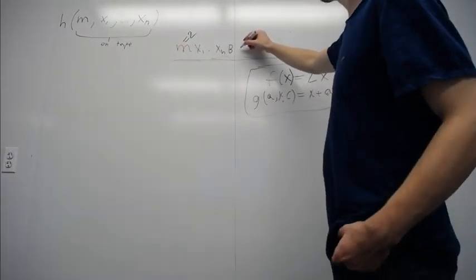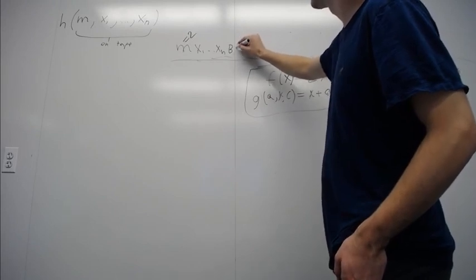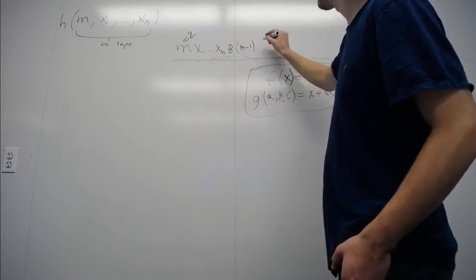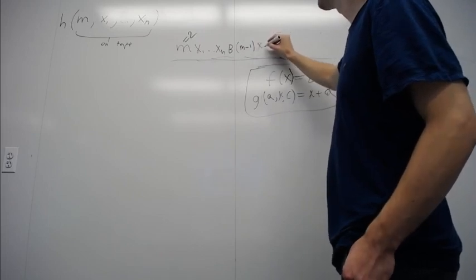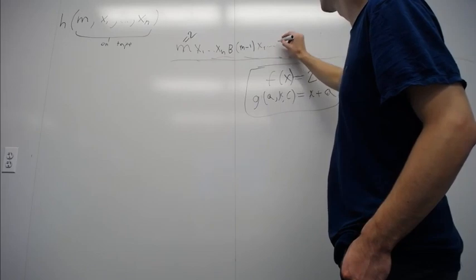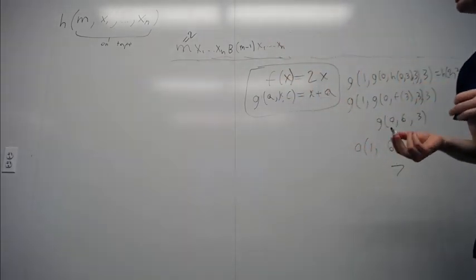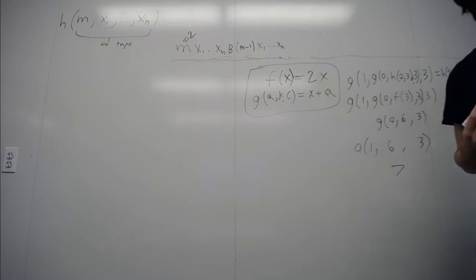Okay, so we can copy m minus 1 here. And the original input, we need that still. And it needs what happened at the earlier level of recursion. Where do we get that though?